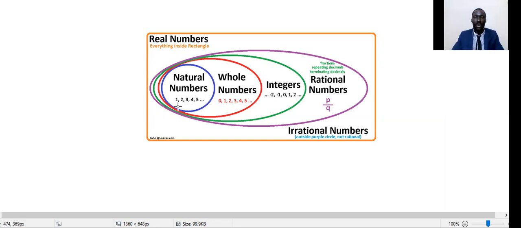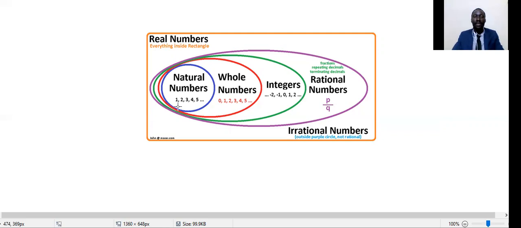Natural numbers are used for counting. For example, when you want to count the number of houses, shoes or sweets, you use numbers like 1, 2, 3, 4, and 5. Those numbers you use for counting are known as natural numbers.